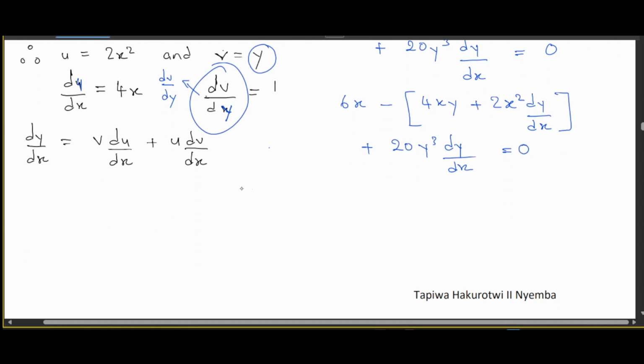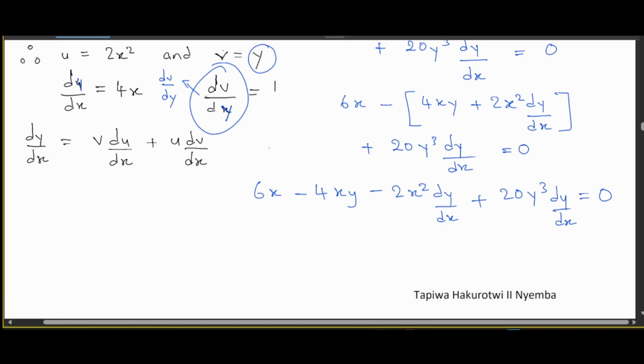Kureva iko kuti ndanga ndiuye kuno kuitira kuti zvikwane. Ichati 6x minus, saka iyi minus yaku multiply inside the bracket, saka inova minus times 4xy, which is minus 4xy, minus times plus that, which is also minus 2x squared dy dx plus 20 y cubed dy dx is equals to 0.